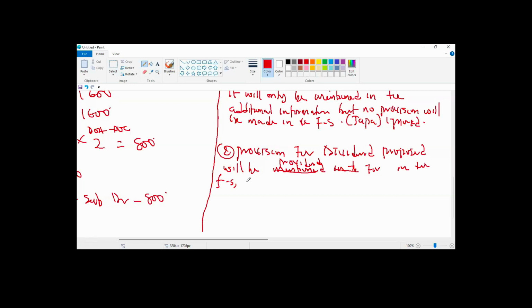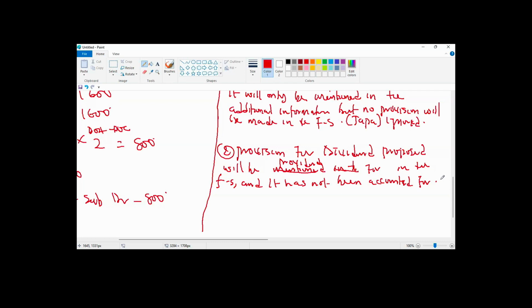If you go to the financial statement, you will see it, and it has not been accounted for. The question will tell you. You go to the financial statement, you see dividend proposed or dividend declared, and they will say we have not accounted for it in both parties's books. The question will tell you, but they will mention it in additional information.